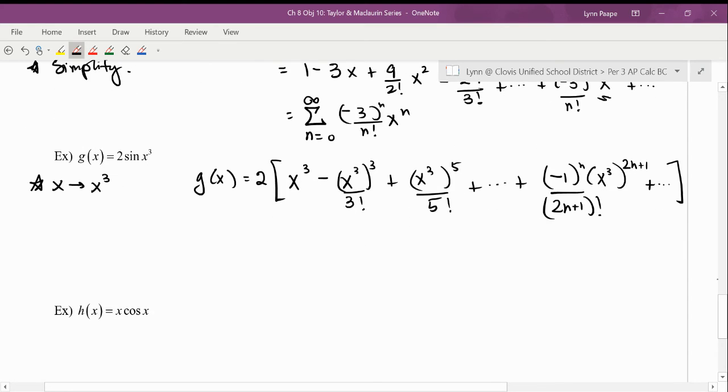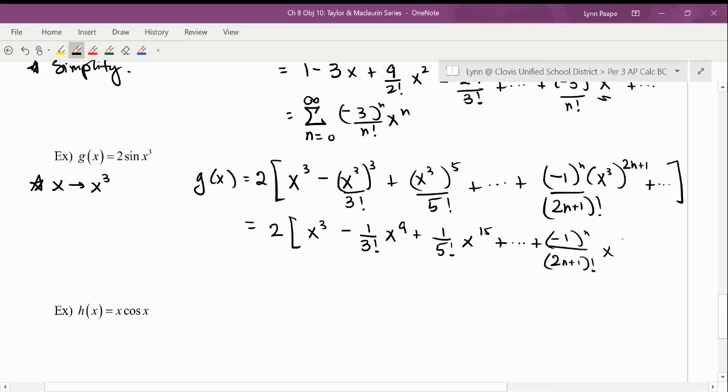And then I'm going to simplify this just a tiny bit here. So I'm going to work out my powers. So x cubed cubed, so that would be x to the 9th. And then x cubed to the 5th would be the 15th. And then that would be 6n plus 3.